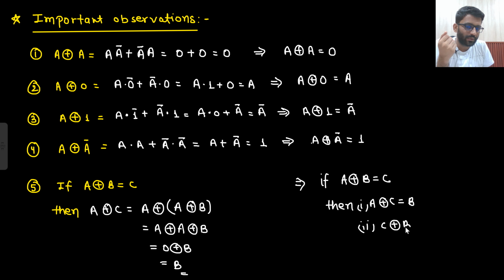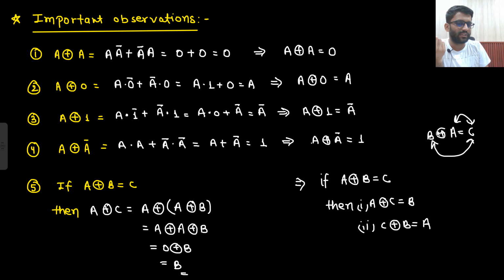C XOR B is equals to A. Basically, if I had written B XOR A is equals to C, then these two can also be replaced. So C XOR B is equals to A, or C XOR A is equals to B. So these properties you will have to remember.